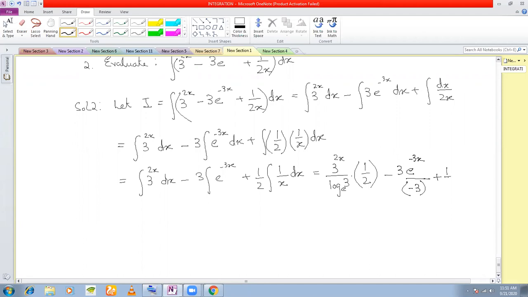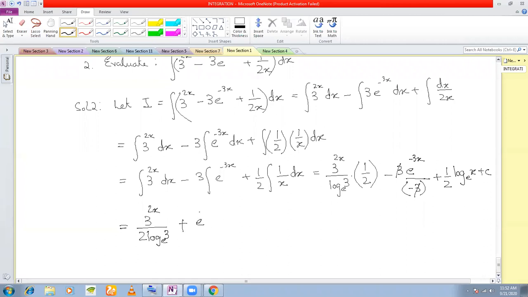Plus half, and integral 1 by x dx is log x to the base e. So what you ultimately get, and you put a constant of integration, is 3 to the power of 2x by twice log 3, minus this 3 and this 3 will cancel, minus and minus will become plus.